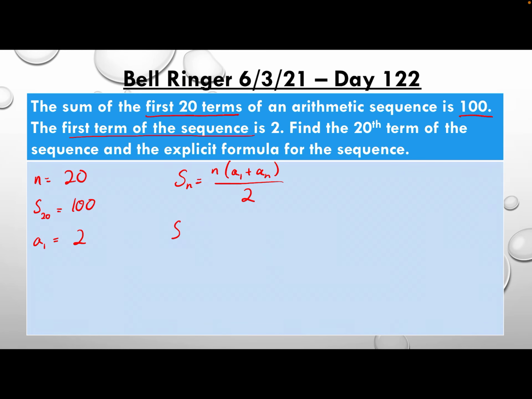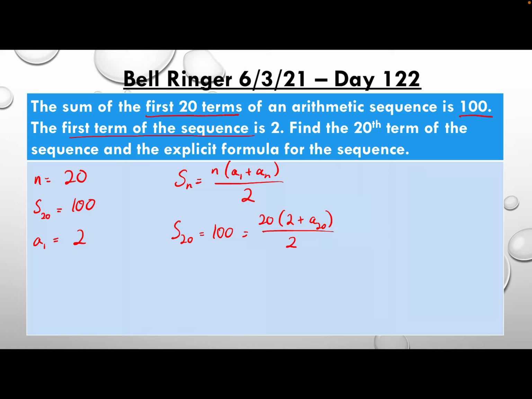So let's see. Once again, we are told that the sum of the first 20 terms is 100, and we're told the number of terms is 20, and that the first term is 2. So that means we don't know what the last term is, which in this case would be the 20th term, right? If you're doing the first 20 terms, the last term would be the 20th term.